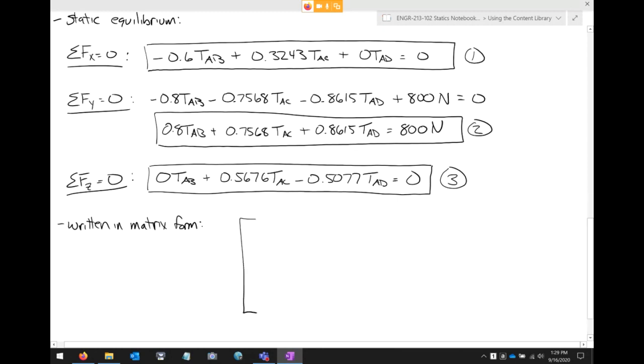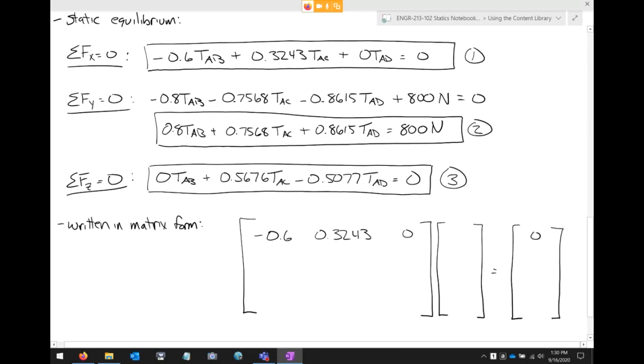And so what I mean by that is I just take each equation one at a time and I say minus 0.6, 0.3243, 0, and then 0. And so the way you have them written out, you have a pile of junk times TAB plus a pile of junk times TAC plus a pile of junk times TAD equals another pile of junk. It sort of makes your life easier, you know, in terms of writing it.